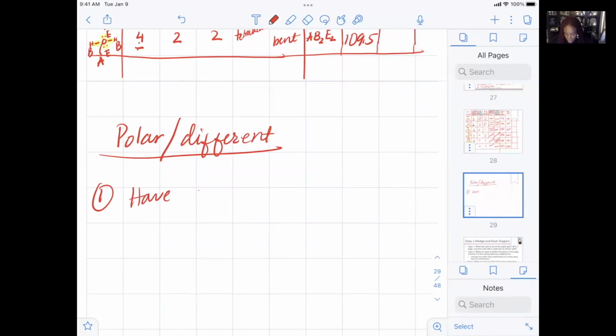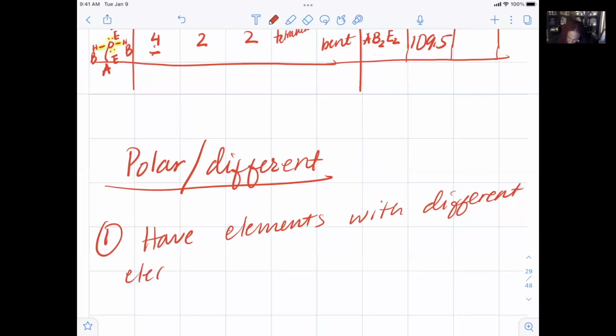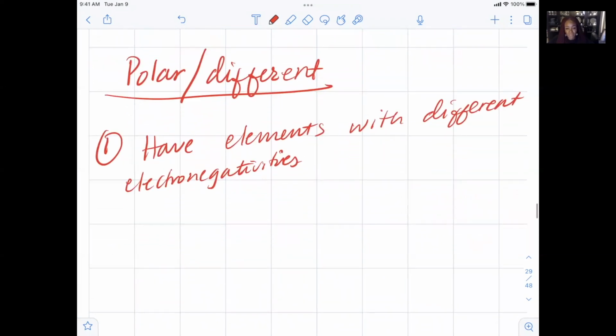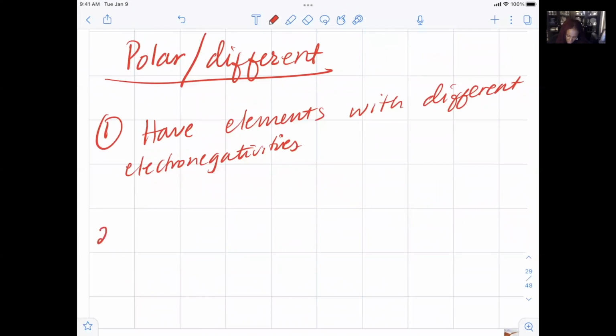So you have to have elements with different electronegativity. If you have significantly different elements, that might set you on the path of having a polar molecule in the end.